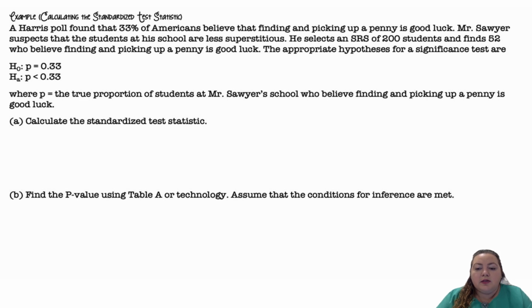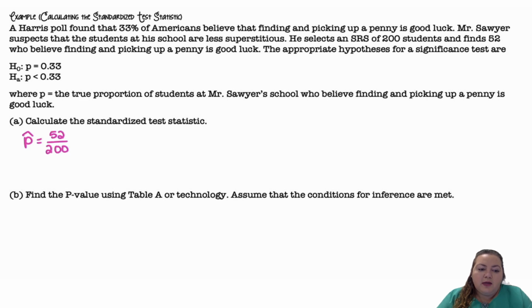The appropriate hypotheses for significance tests are the null, p equals 0.33. The alternative, p is less than 0.33, where p is the true proportion of all students at Mr. Sawyer's school who believe finding and picking up a penny is good luck. Calculate the standardized test statistic.